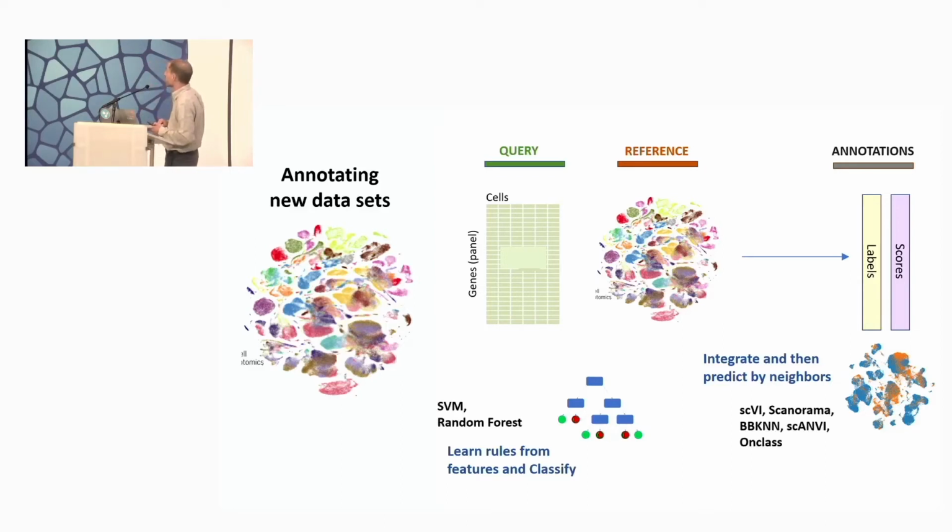Both of these approaches have been used by various tools. For the integration, we have scVI, scANVI that Fabian mentioned yesterday, Scanorama that Bonnie Berger mentioned yesterday, and so on. And for predictions, things like support vector machines or random forest.